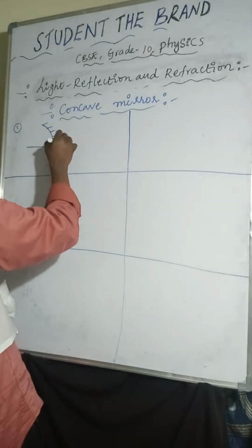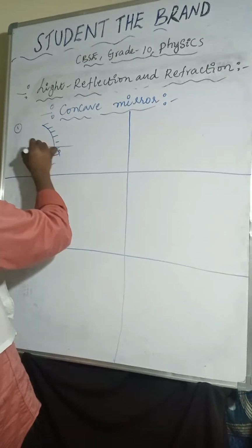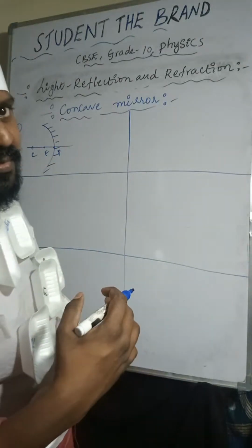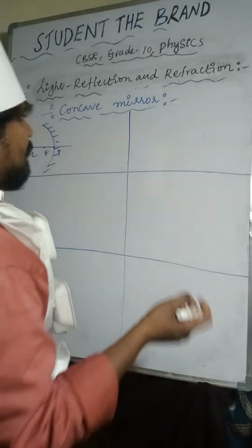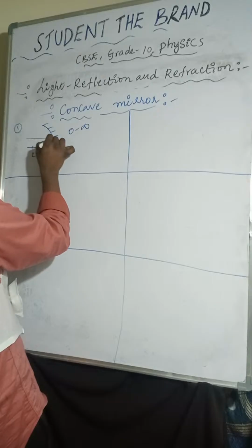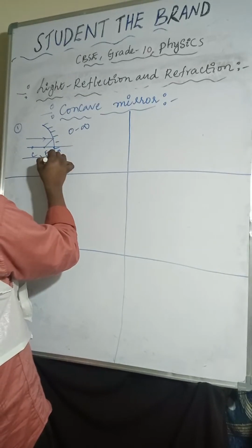So I am taking here the principal axis, pole, focus, and center of curvature. The object is at infinity. How many light rays are required to form the image of the object? Minimum 2 light rays are required. One light ray I am taking like this. After reflection, those light rays are meeting at the focus.